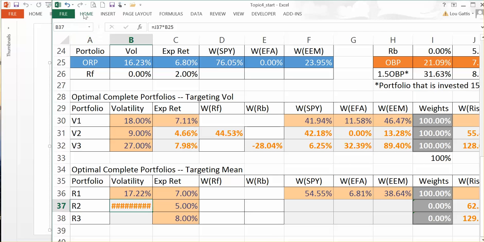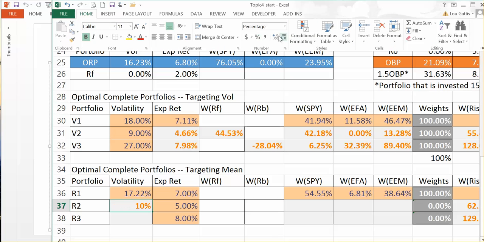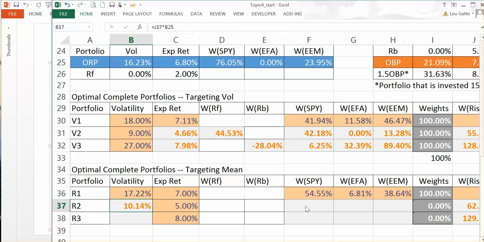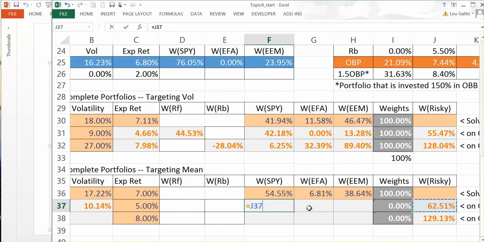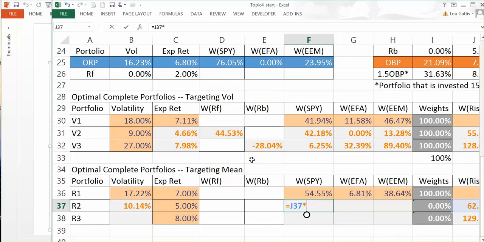Home, percent. And by the way, we can calculate the weights over here too. I didn't do that. We can say that this portfolio is 62% invested in risky assets, and risky assets, I'll anchor that. And that portfolio is 76% SPY. So that portfolio would look like this.